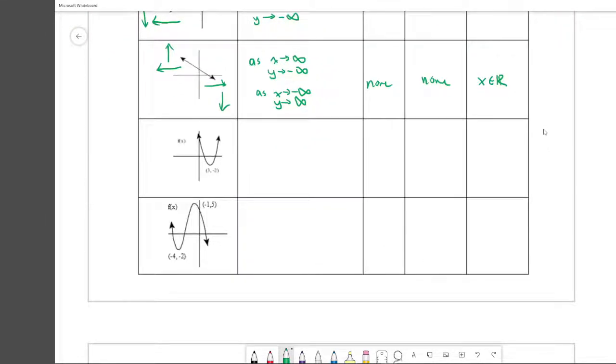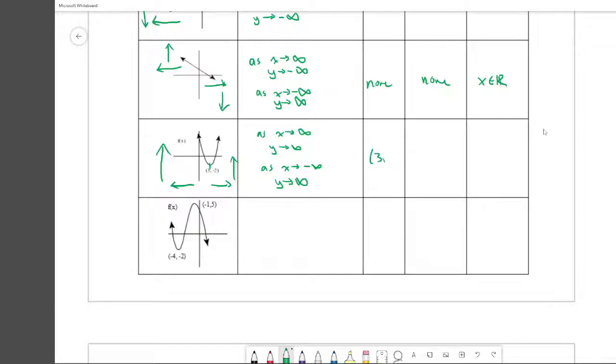Okay, now when you're looking at this one, the quadratic, okay, as x approaches infinity, so the further you go this way, y also will approach infinity. And as x approaches negative infinity, the further you go that way, the further you go up. Y also approaches positive infinity. Now it does have a turning point.